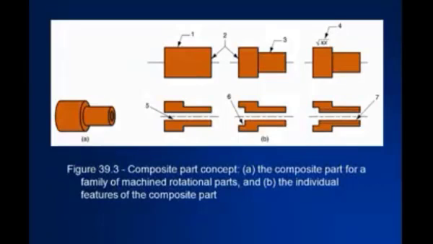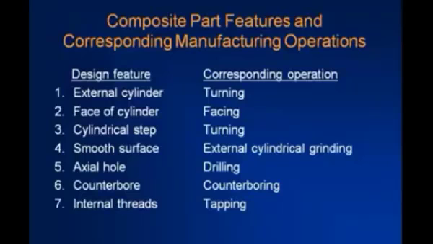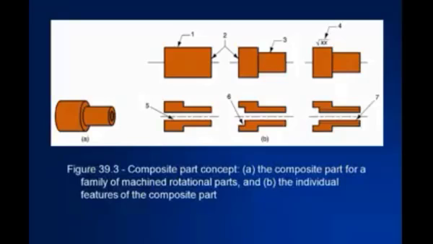In 3, there is some turning operation going on to remove the material. Similarly, the 4th is about the surface finishes. The 5th is about making a hole in this cylindrical part, and that hole is done by the drilling process. Similarly, the 6th is about counter boring in this part, and the 7th is about the threading in this part.